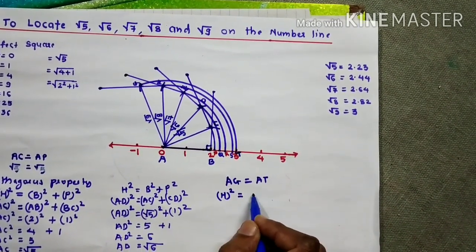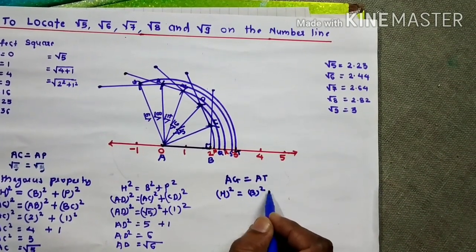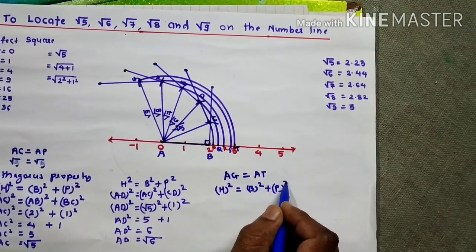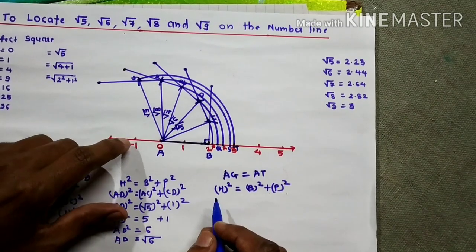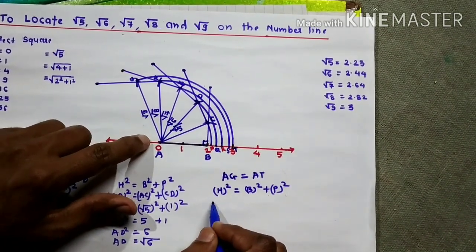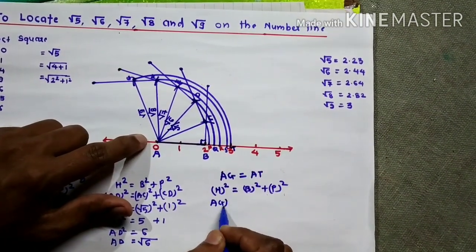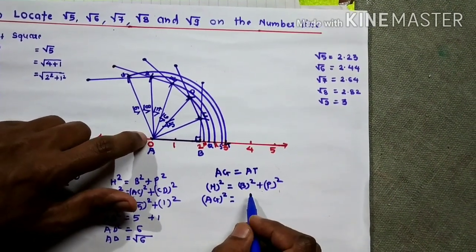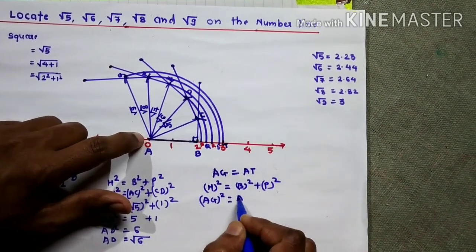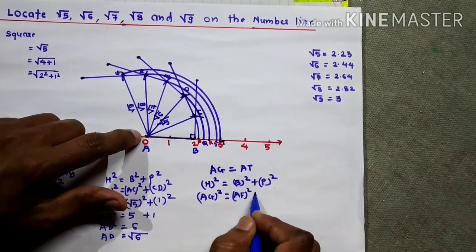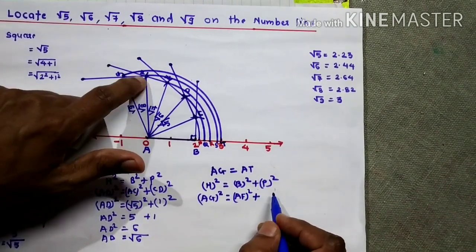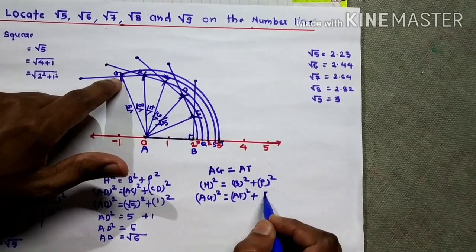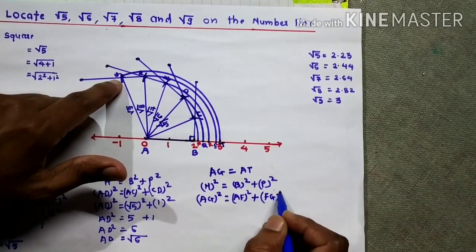H square is equal to B square plus P square. So hypotenuse here would be AG square is equal to base would be AF square plus perpendicular would be FG square.